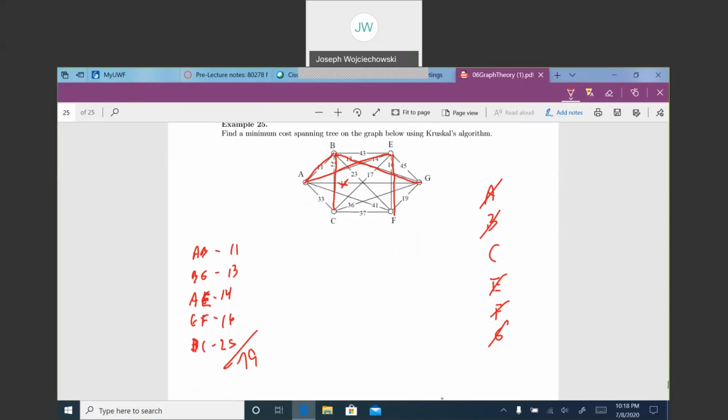And you want to wire new cables, electric cables, phone cables, whatever. You don't need to make it where the wires go to every building from every other building. You just need to make it where the wire goes from each building to every other building. And that's where the spanning tree would come in. And you'd want to do it with the minimum amount of wire, and that's where the minimum spanning tree comes in.